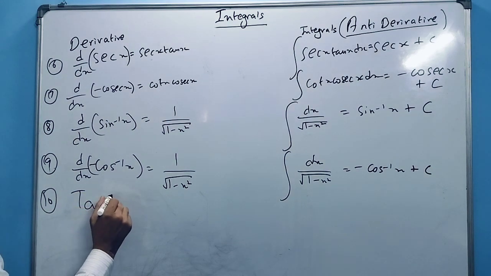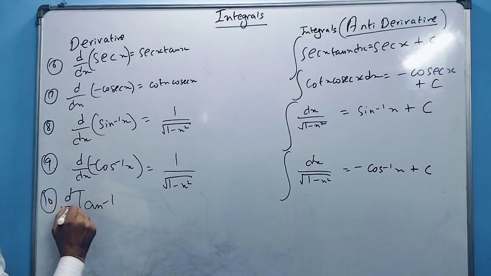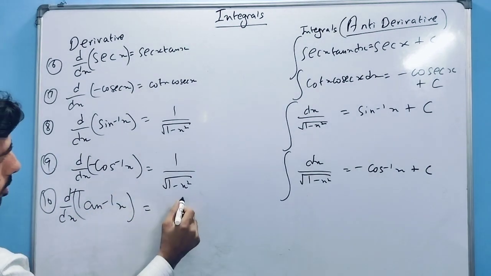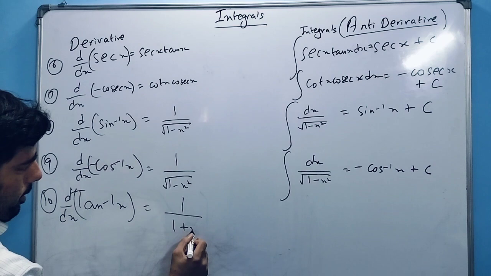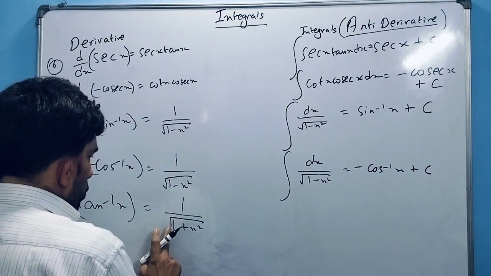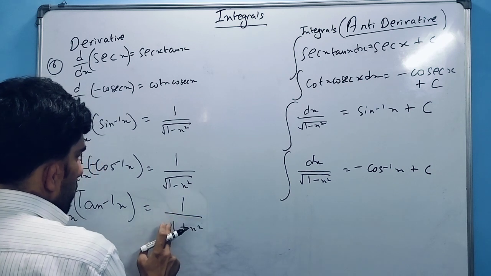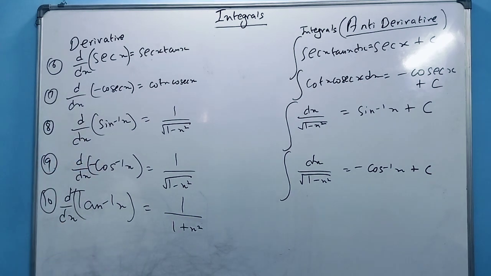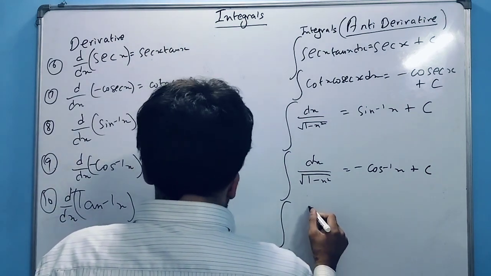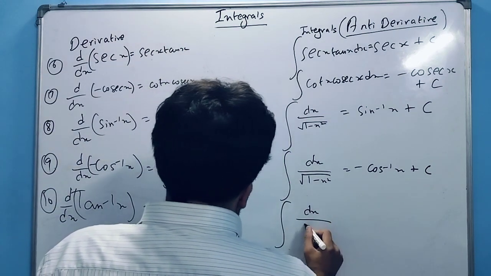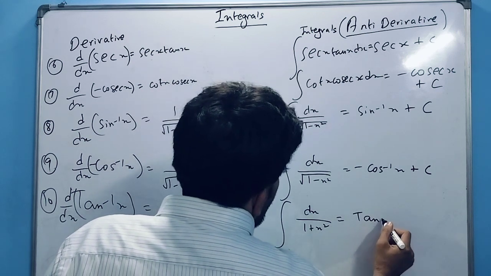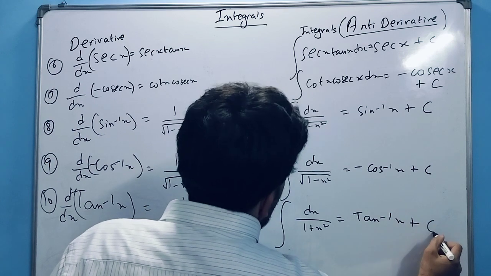If I move to tan inverse, the differentiation of tan inverse x gives 1 upon 1 plus x square. No root is there. So that is the formula for tan inverse x. Now the integration of 1 upon 1 plus x square is equal to tan inverse x plus c.